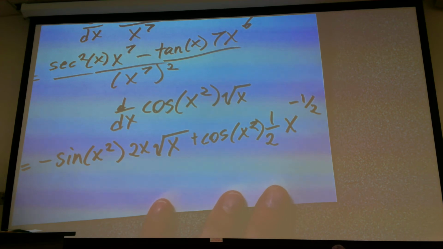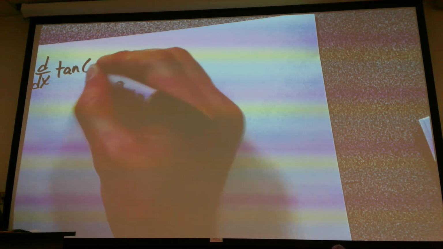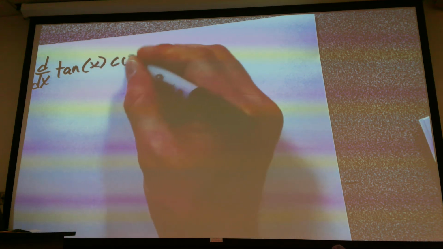Now our next problem, there's an easy way to do it and there's a hard way to do it. The derivative with respect to x of tangent of x times cotangent of x.